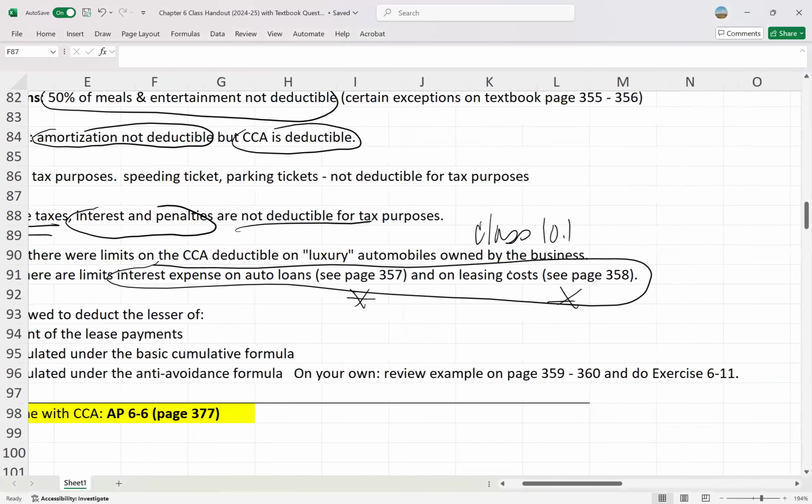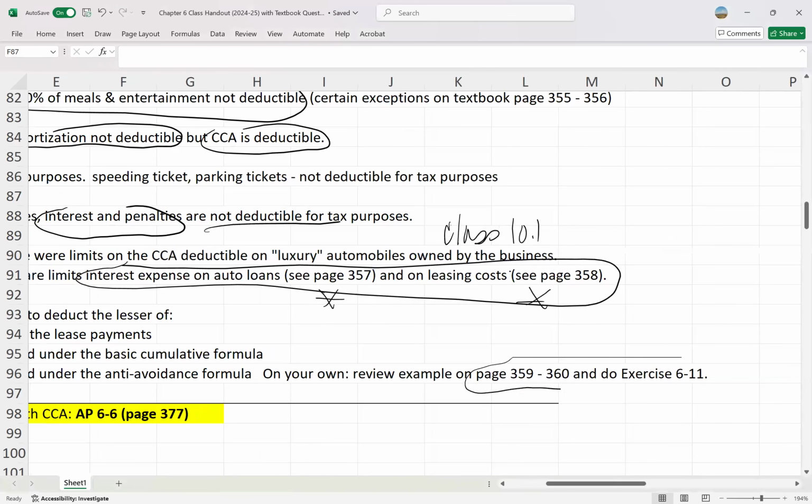There's a good example on page 359, 360, and also exercise 6-11. So it's fairly easy to follow. I'll let you do those parts on your own, and that will give us more time to talk about other deductions for tax purposes.